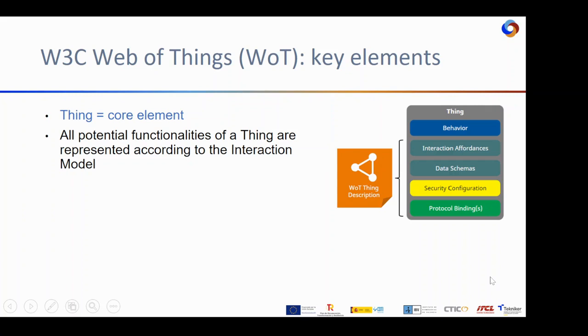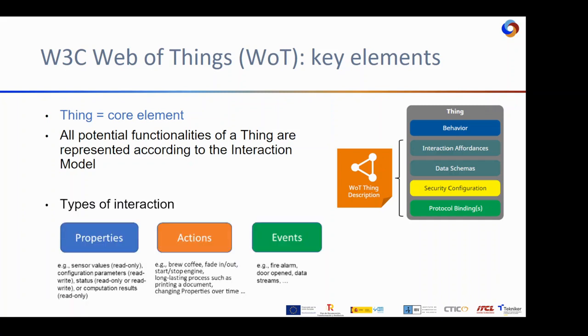Properties are state attributes or values of a thing that can be read or written, like sensor values, configuration parameters, etc. Actions are meaningful procedures of significant timing that are triggered on the thing, such as printing a document or starting an engine, for example. And events are instances observed by the thing in its environment that are transmitted to clients with an active subscription, for example, when a door is opened.